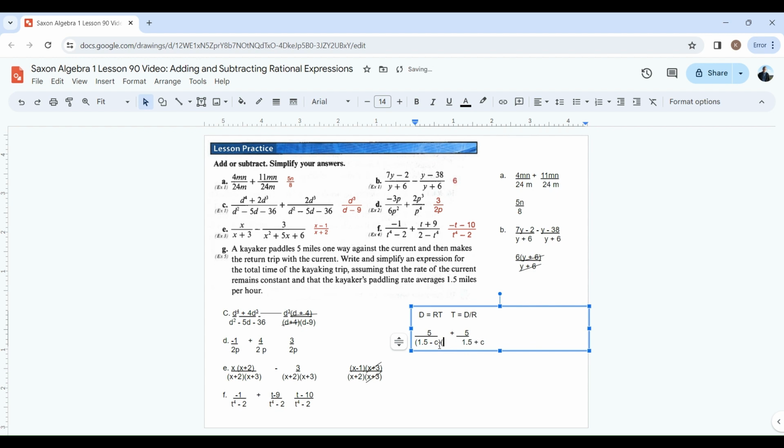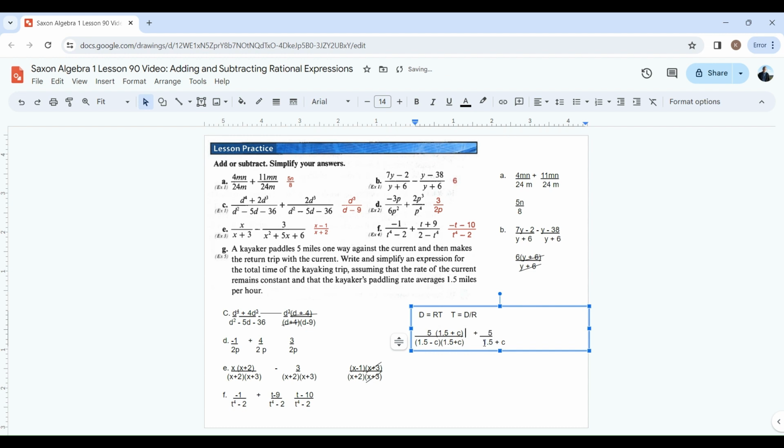So I'm going to put a 1.5 plus c in the first denominator. In order to multiply the bottom by 1.5 plus c, I have to multiply the top by 1.5 plus c. So let me get that: 5 times 1.5 plus c. Now I'm going to add to that the second fraction, and do the same sort of thing.